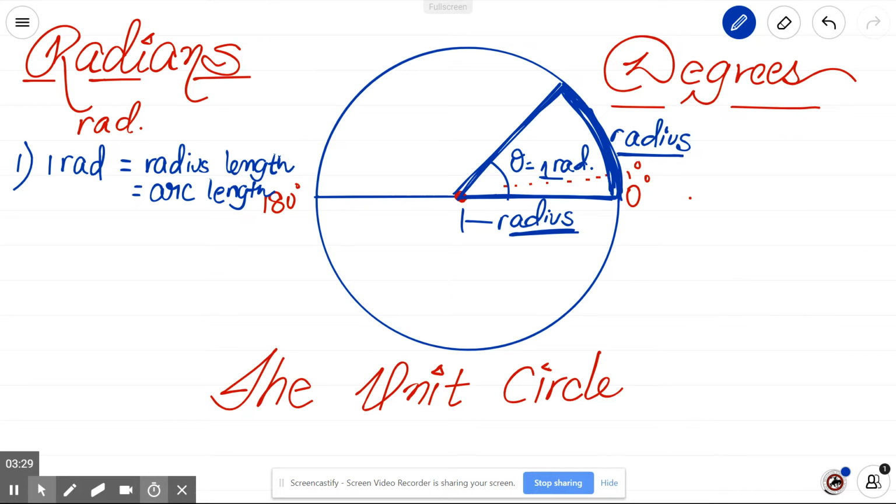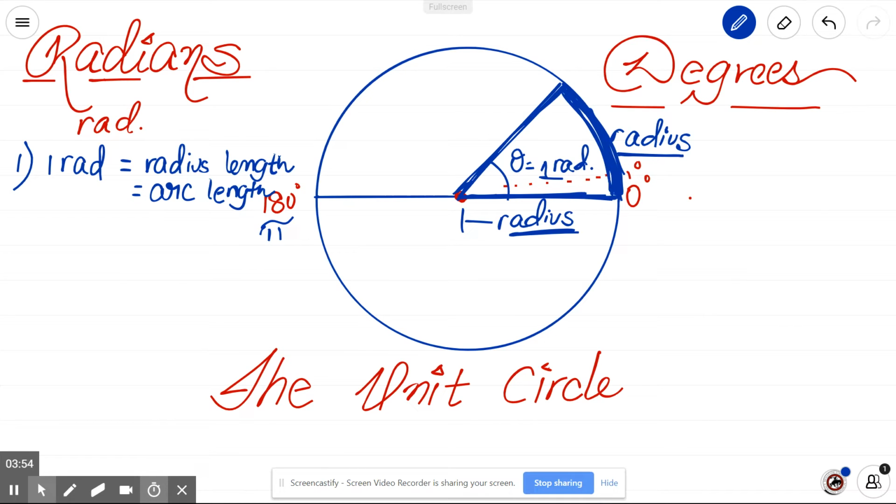The radius length is basically equal to your arc length, and that is the angle 1 radian formed at the center of the circle. Now students, let us take a little bit more understanding into the radian and why 180 degrees is going to be pi radians. So if I take a circle with radius, how many radius lengths can I have in half of the circle? Because half of the circle is 180.